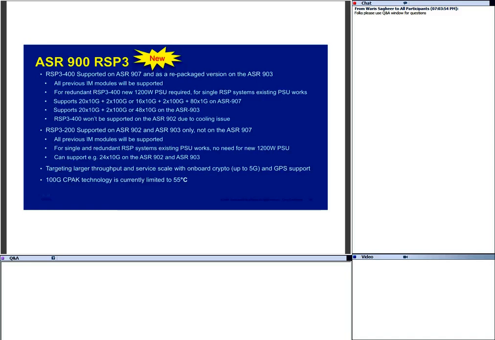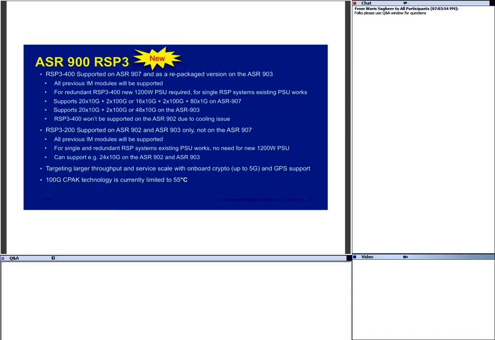If you are familiar with the access or aggregation portfolio, when was the last time you saw an 81 gig or 10 gig? When we get to RSP3, and also the next one, the 903, you can have a combination of 20 10 gig interfaces plus 200 gig, or you can have 48 10 gig on an RSP or on an ASR903.